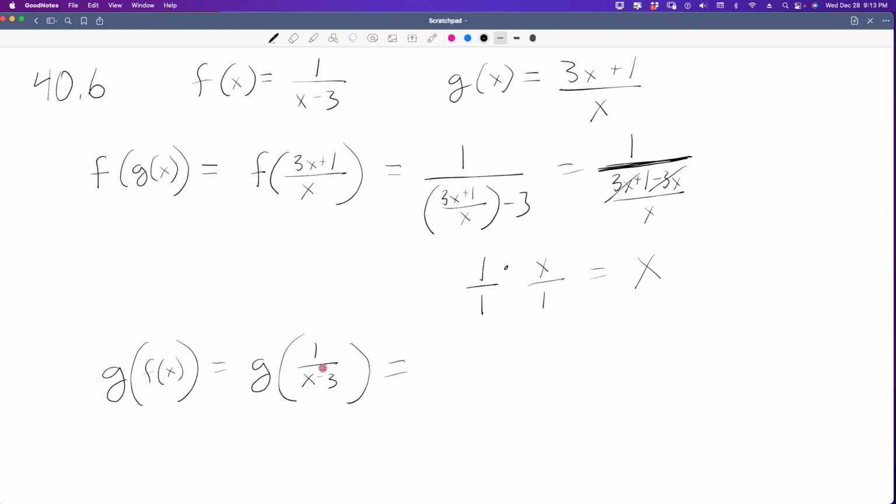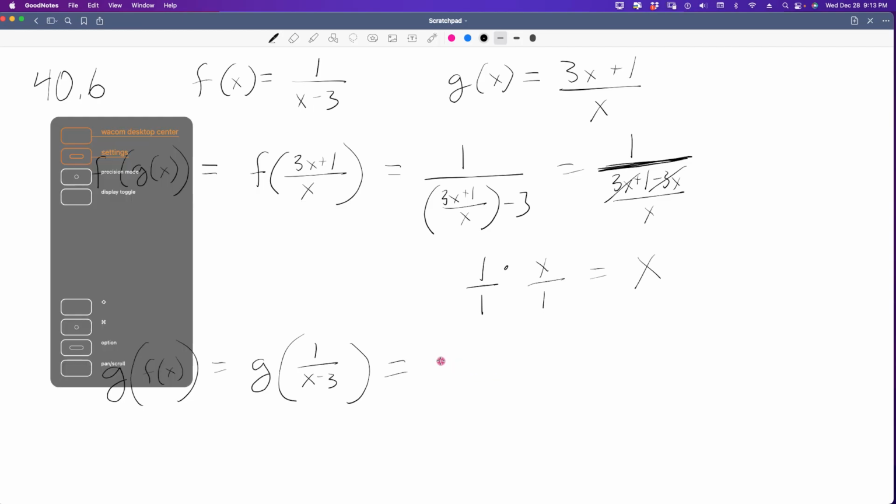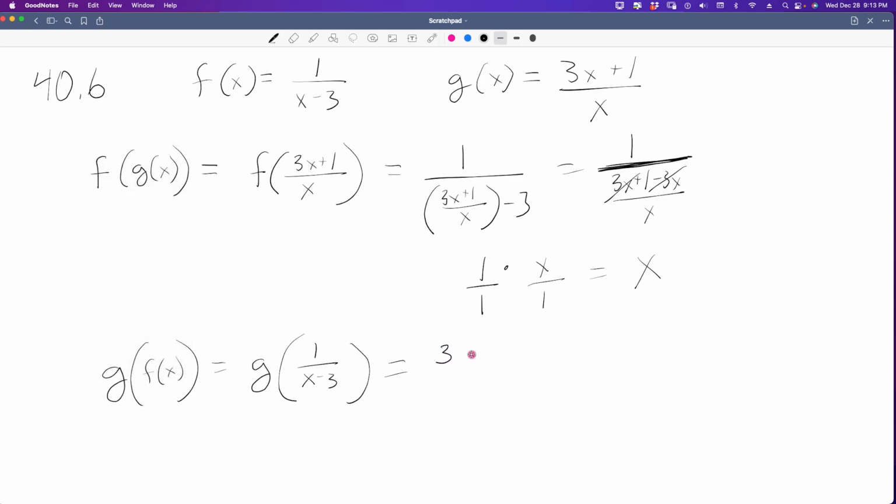So let me substitute that into my g value. So that is going to be 3 times 1 over x minus 3, plus 1 over 1 over x minus 3.